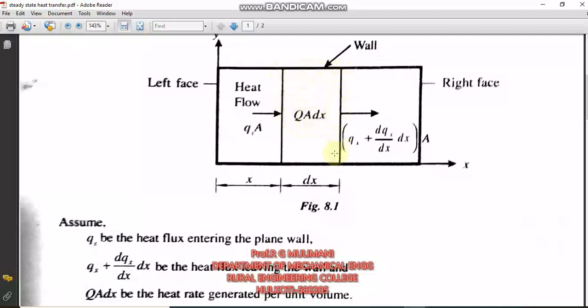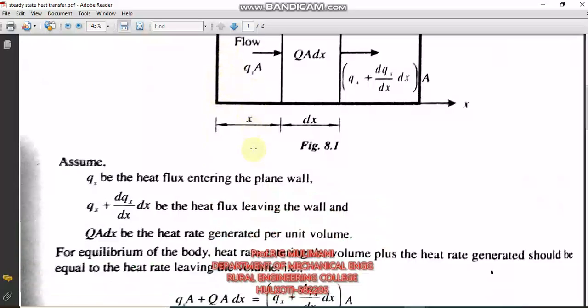This section means the thickness, which we are considering at a distance x from the left face.